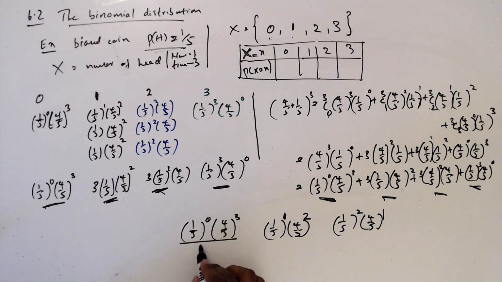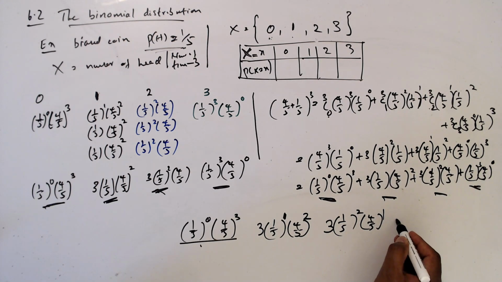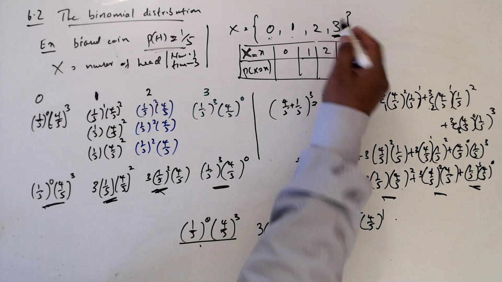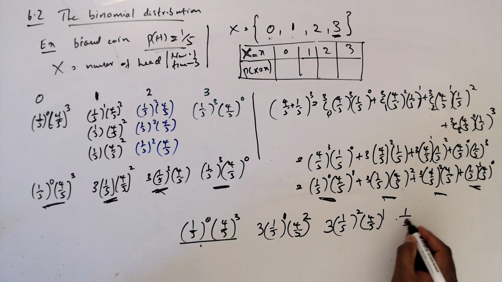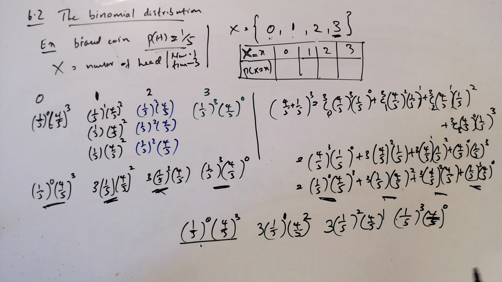Now this is 1, the binomial coefficient 3, 3. And then the last one, 3 times (1/5)^3 and (4/5)^0. Addition is 3.